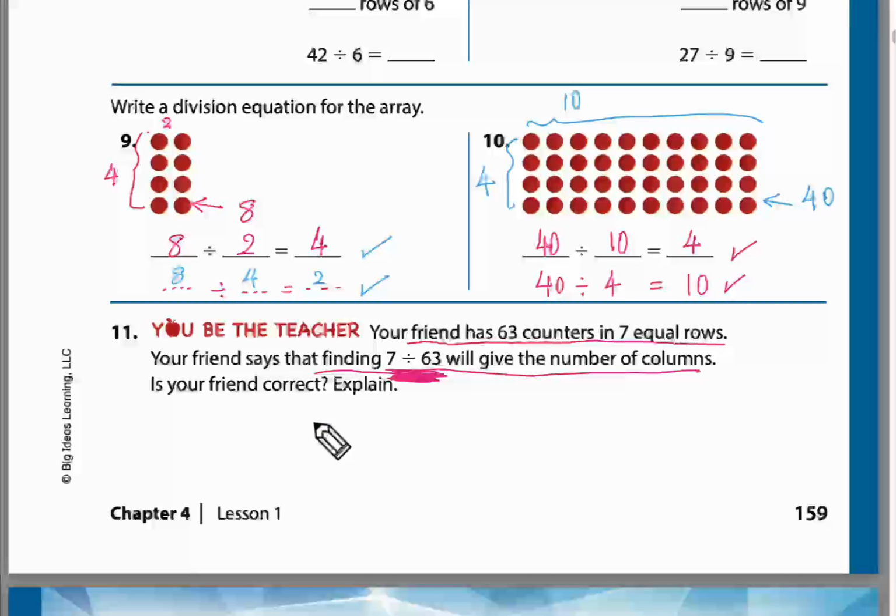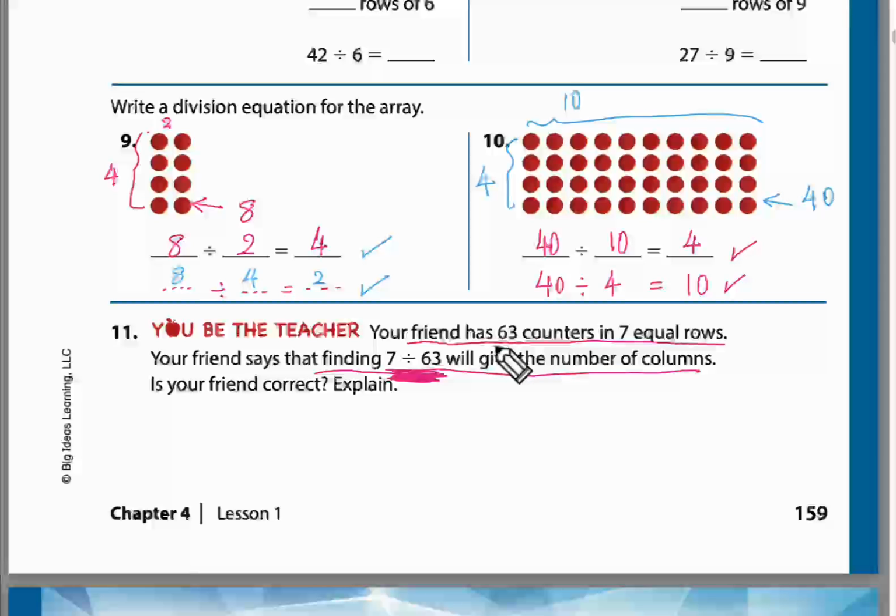Is this correct? Yes. What is the total number of counters? Seven? Oh, you have 7 counters in all? No, you have 7 equal rows. So, the total number of counters is 63.